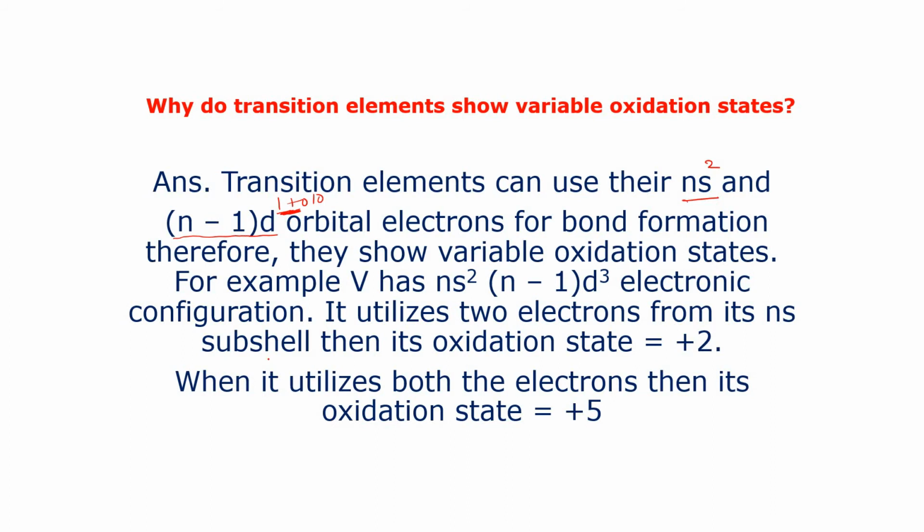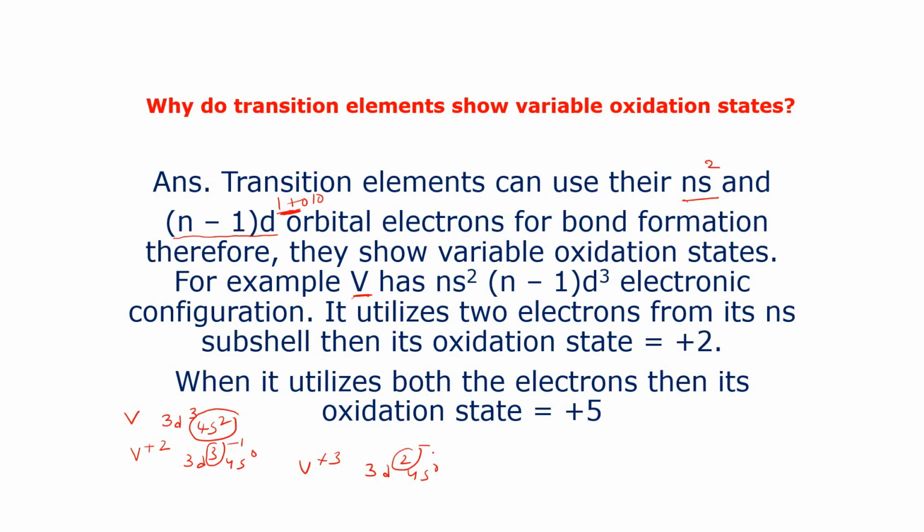We will take one example with vanadium. Configuration will be 3d3 4s2. Now if you lose these electrons, we get vanadium +2, 3d3 4s0. Again if you lose one more electron, we get vanadium +3, 3d2, again 4s0.